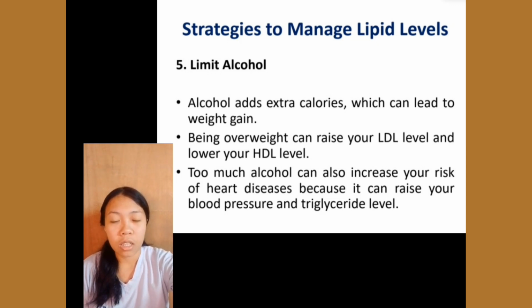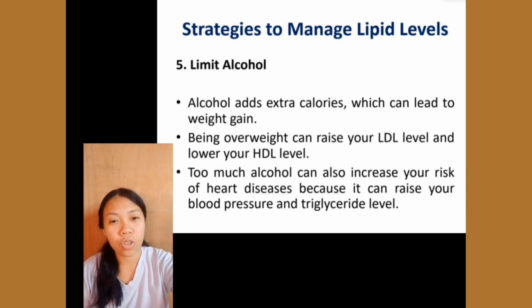Alcohol is midugang siya as a calorie. Then, makakuha siya na magpataas sa ato ang level sa atong timbang. Then, ang sobra nga timbang is makapataas sa ato ang LDL level or which is our bad cholesterol. Then, ang HDL level is iyahan siya na ipaubos.